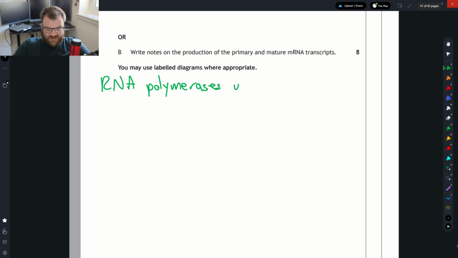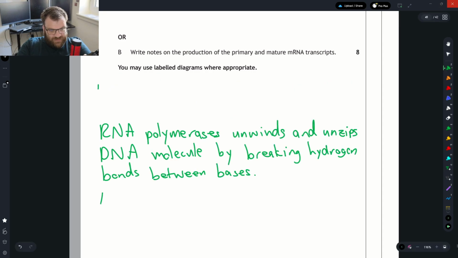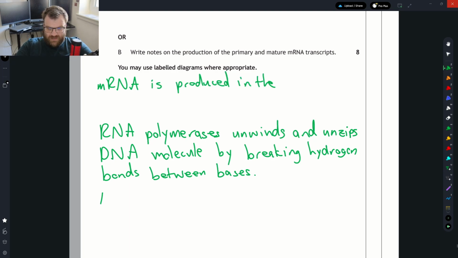So RNA polymerase unwinds and unzips the DNA molecule. That's by breaking the hydrogen bonds between bases. Jumping back a bit, maybe put in this process. So mRNA is produced in the nucleus. Here we're talking about transcription.